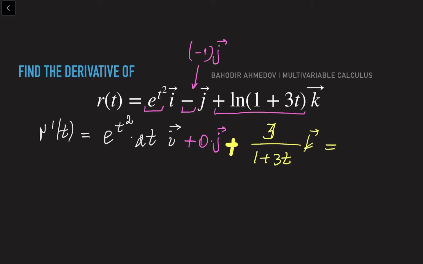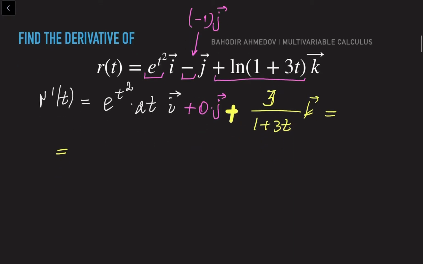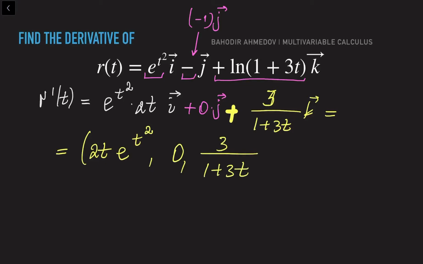So if I would like to write this derivative in the 3 tuple form, it is going to be 2t times e to the power of t squared, 0, 3 over 1 plus 3t. Again, if your function is given as a 3 tuple, then its derivative should also be given as a 3 tuple.